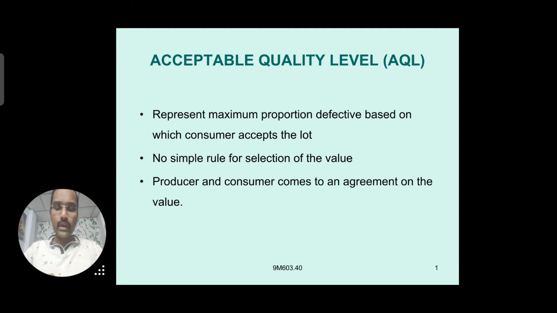Because, for example, if 2% or 4% of products in a lot are found defective, then up to 4% or up to 2% of defective parts can be an acceptable range where that lot will be accepted, and it should be assured by the producer and accepted by the consumer. So the agreement will be made between the producer and consumer.